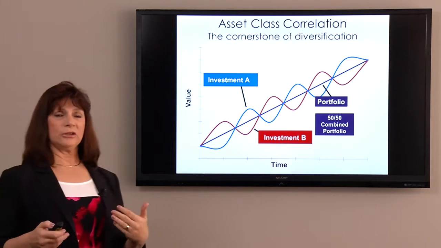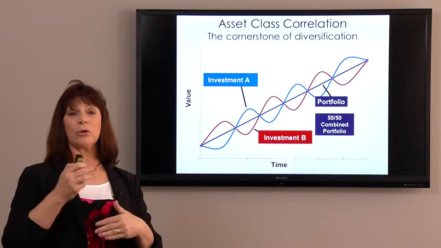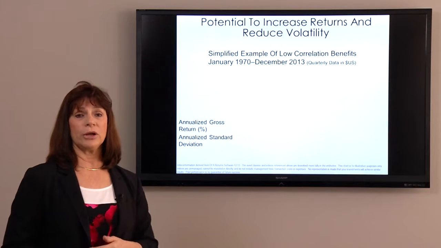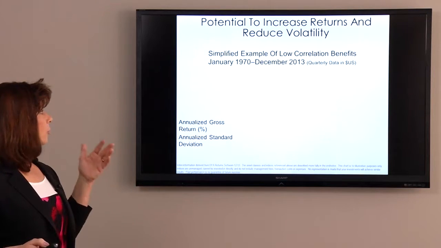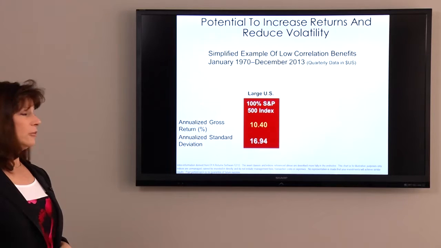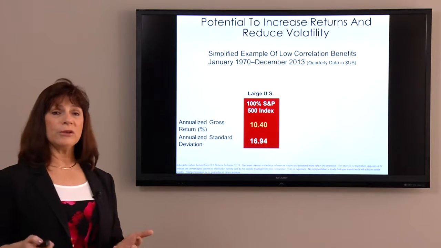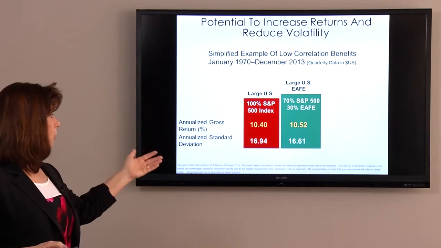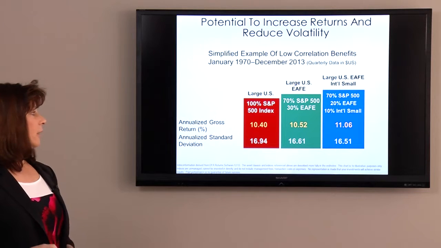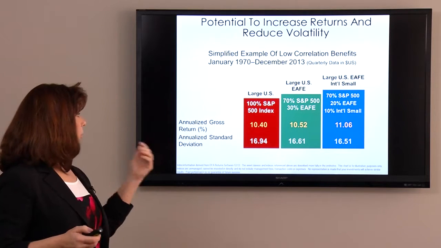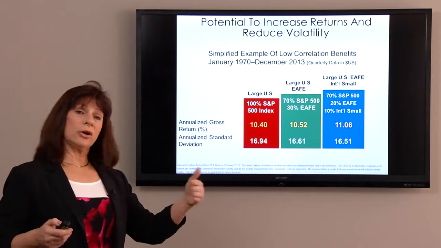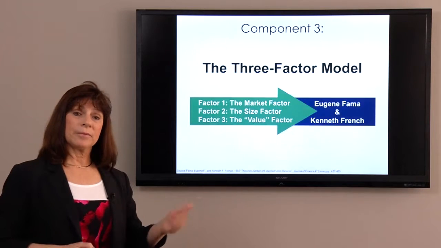And that's what correlation is. We want to have things that are negatively or uncorrelated in our portfolios. So the potential to increase returns and reduce volatility is pretty significant if I use the research and I start including different asset classes between US large, international large, or international small.